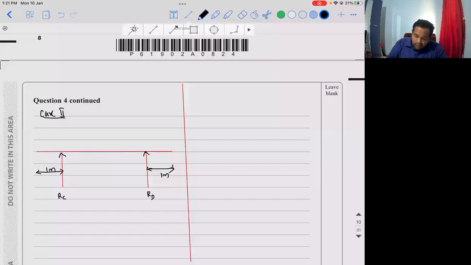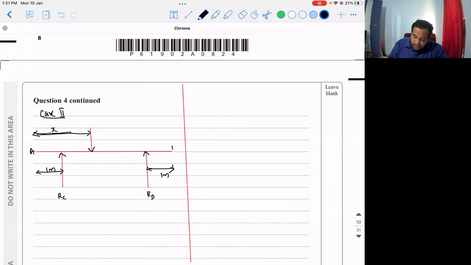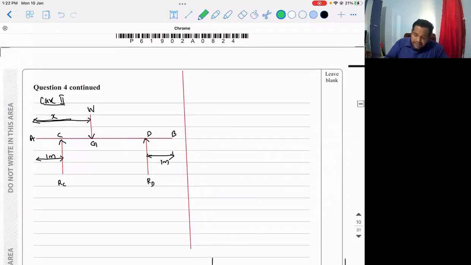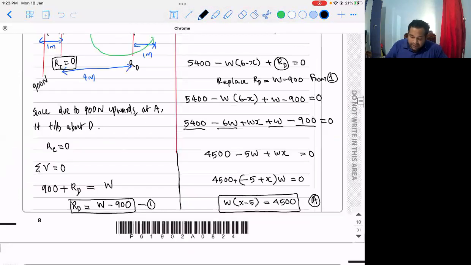Its weight is acting downwards. That is not changing. That means the distance between this and this is x. So this is A, this is B, this is C, this is D, and this is a point where the weight W acts. Now, here, what happens is, in the case 2, we will read once again.